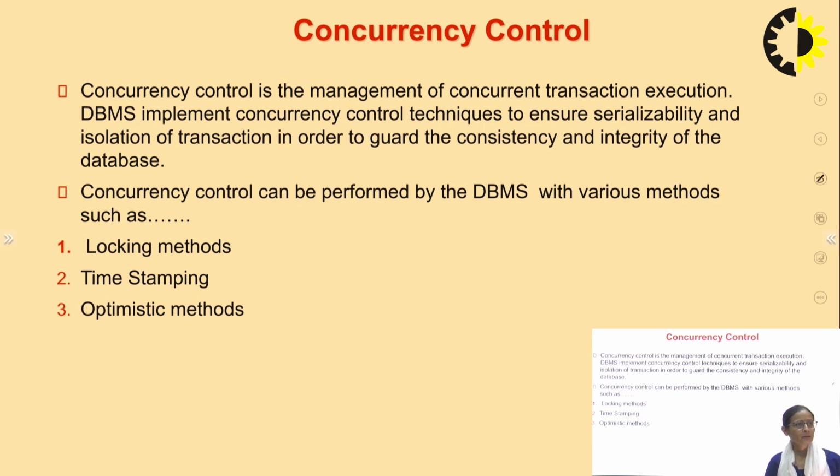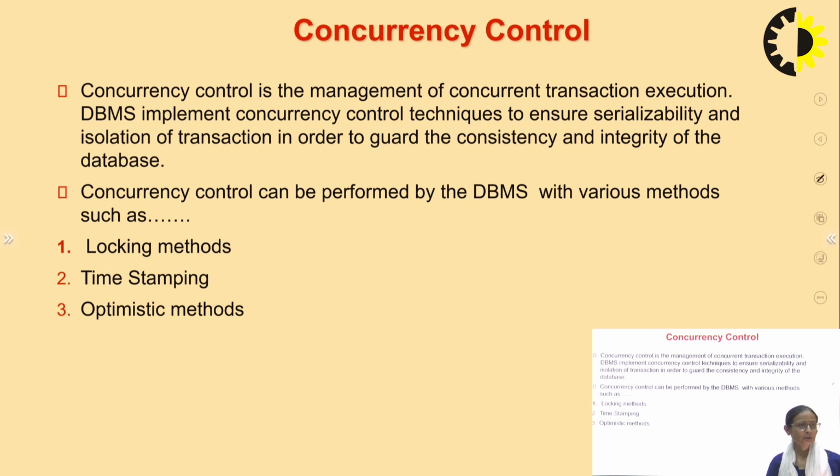So, DBMS implements concurrency control techniques to ensure serializability and isolation of transactions in order to guard the consistency and integrity of the database. That is, your concurrency control manager is working on two properties. One is your consistency and another one is your integrity.